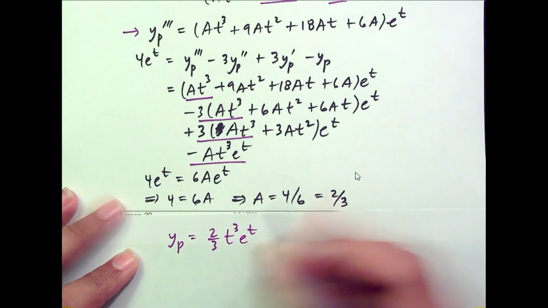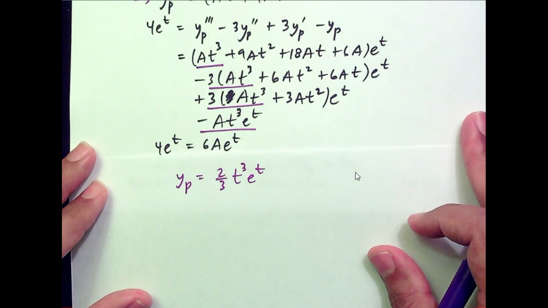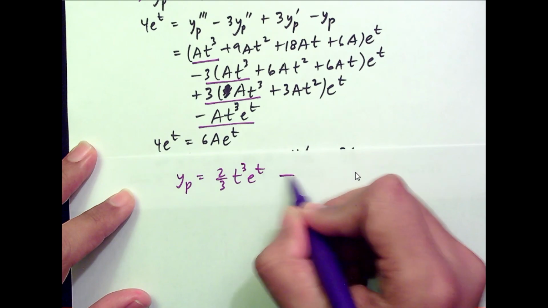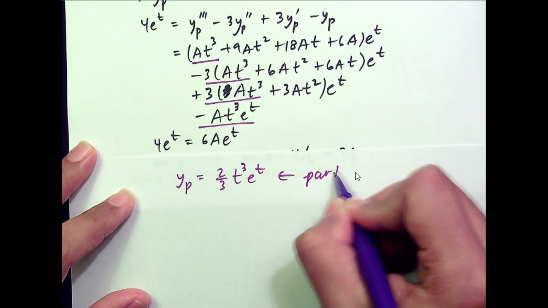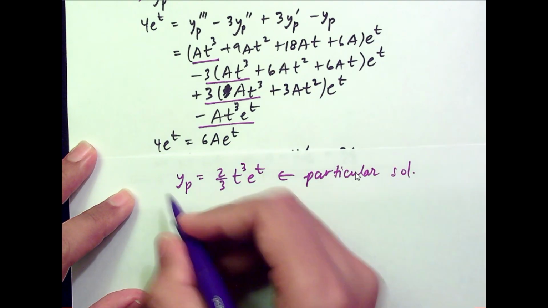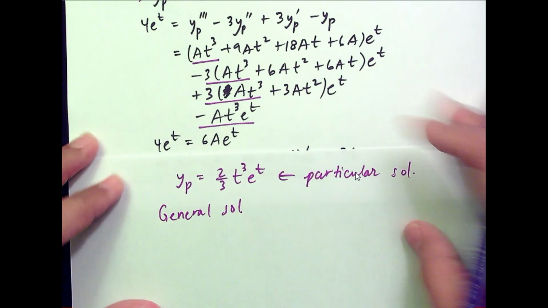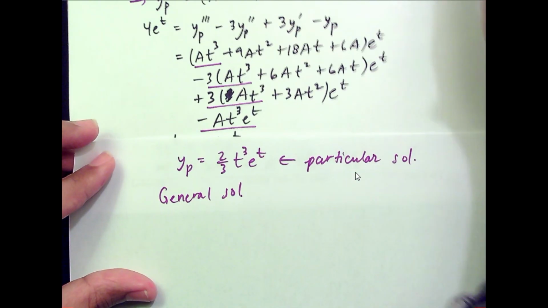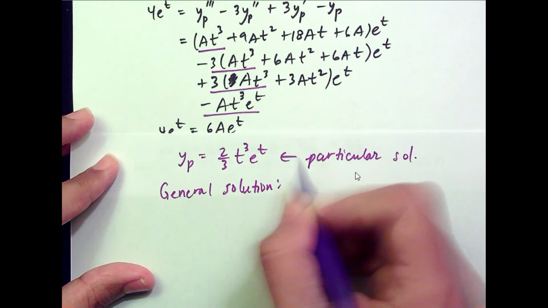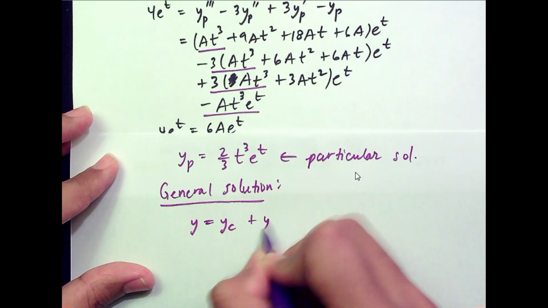And once you have the particular solution, remember the general solution is the sum of the complementary solution plus the particular solution. So that is the particular solution. And now the general solution is going to be the complementary solution plus the particular solution.